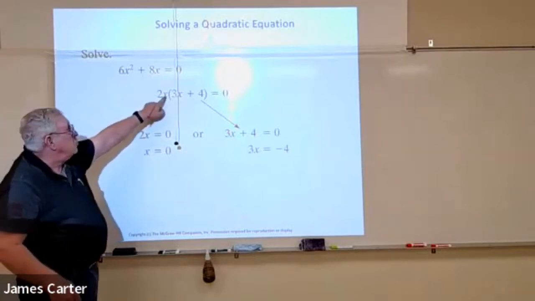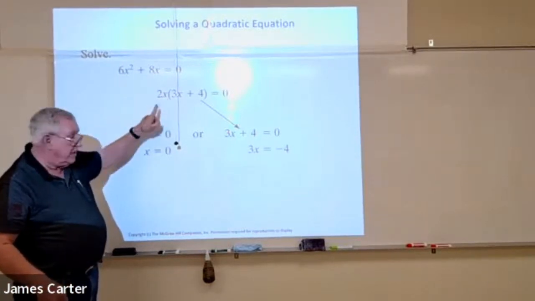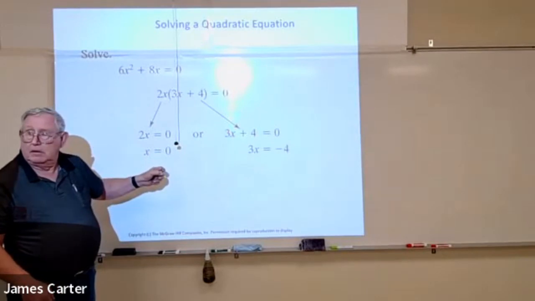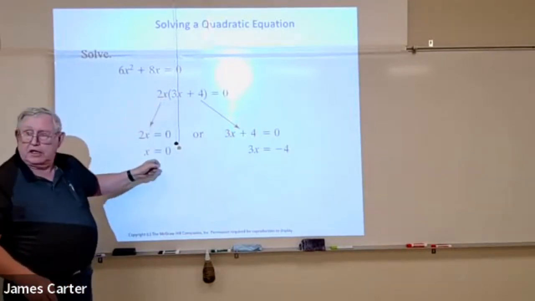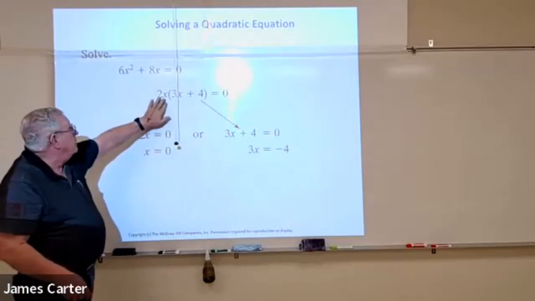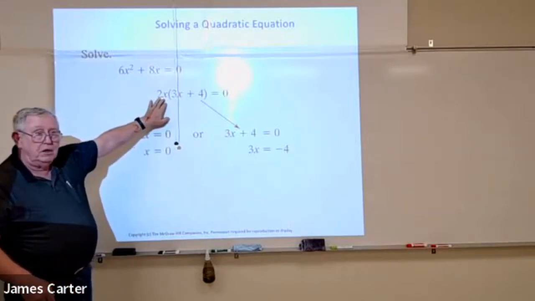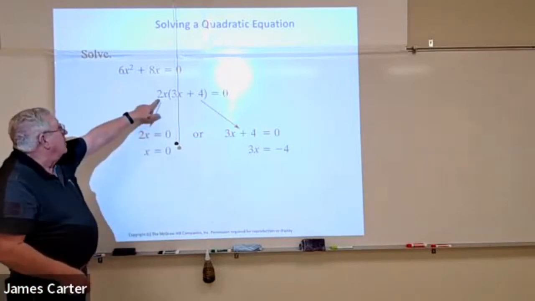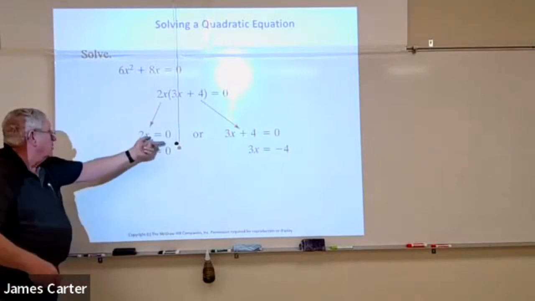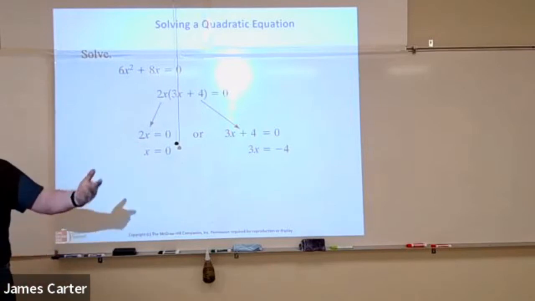If you had an x squared here, you would still get x equals 0. If you had an x cubed or fourth or fifth, you would still get x equals 0. Anytime it's a lone variable, you're going to get x equals 0. And the number will not impact it because, as you see, when you divide it, the 0 goes away.